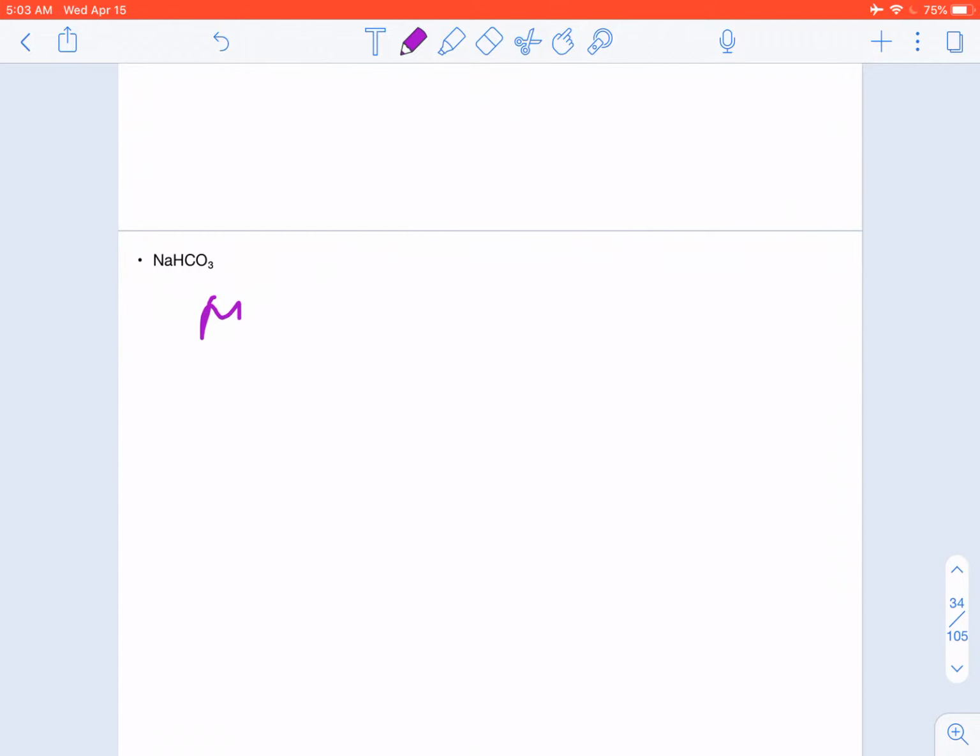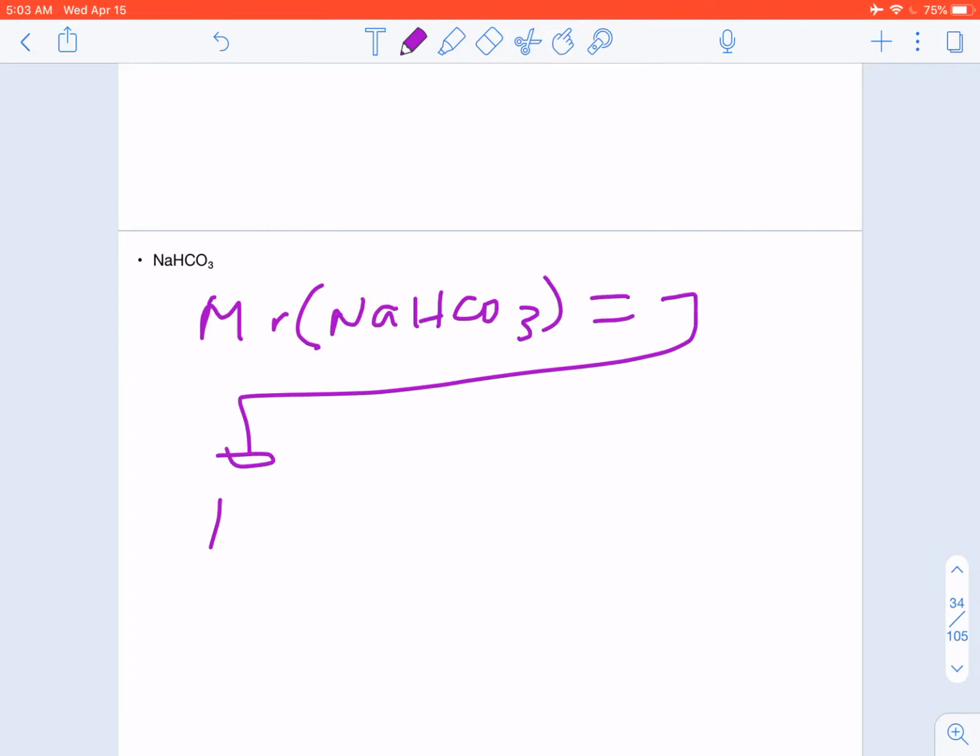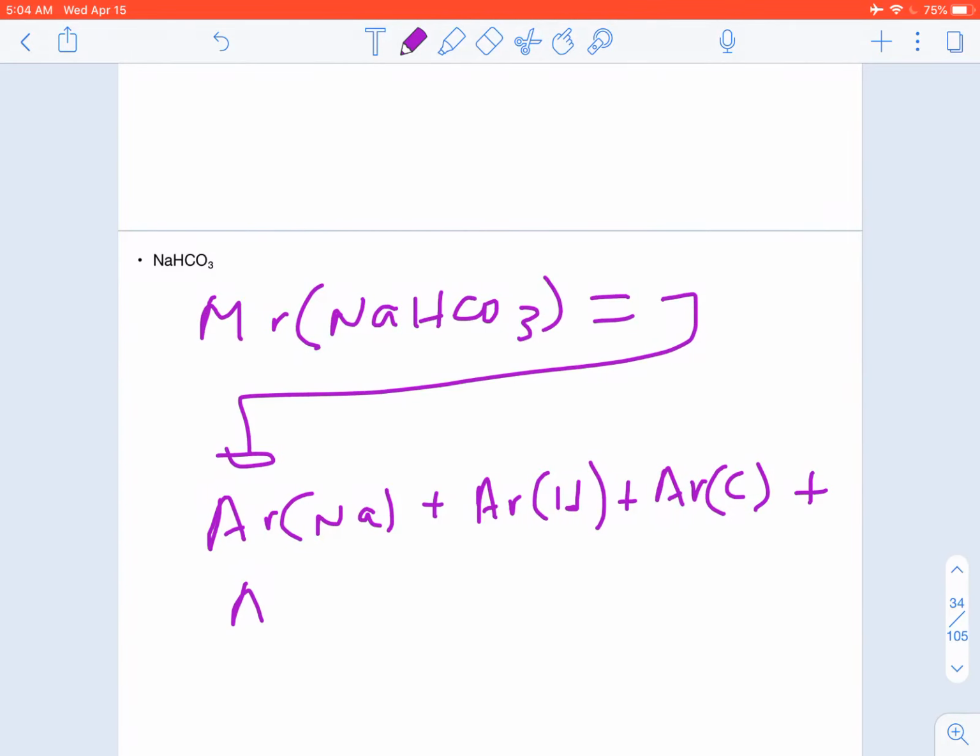So here we have M of Na hydrogen carbonate, and that is the AR of Na plus AR of H plus AR of C plus AR of O, but we got 3 of it, so it's 3 times the AR of O.